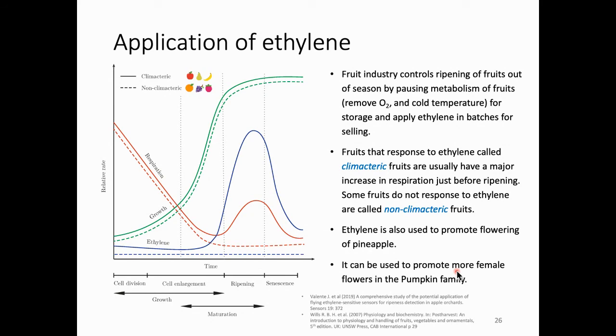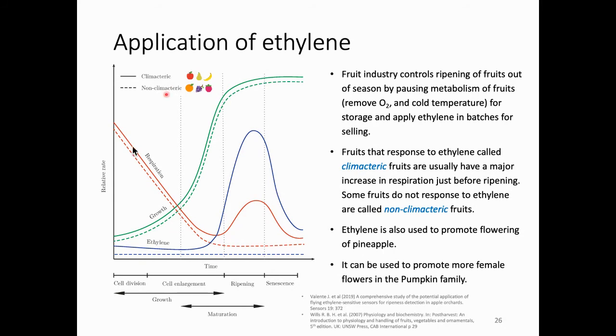It will promote fruit ripening, but in some kinds of fruit it doesn't have any effect, because there are two kinds of fruit, climacteric and non-climacteric fruits. Climacteric fruit is more like apples, pear, banana, avocado, durian, for example.